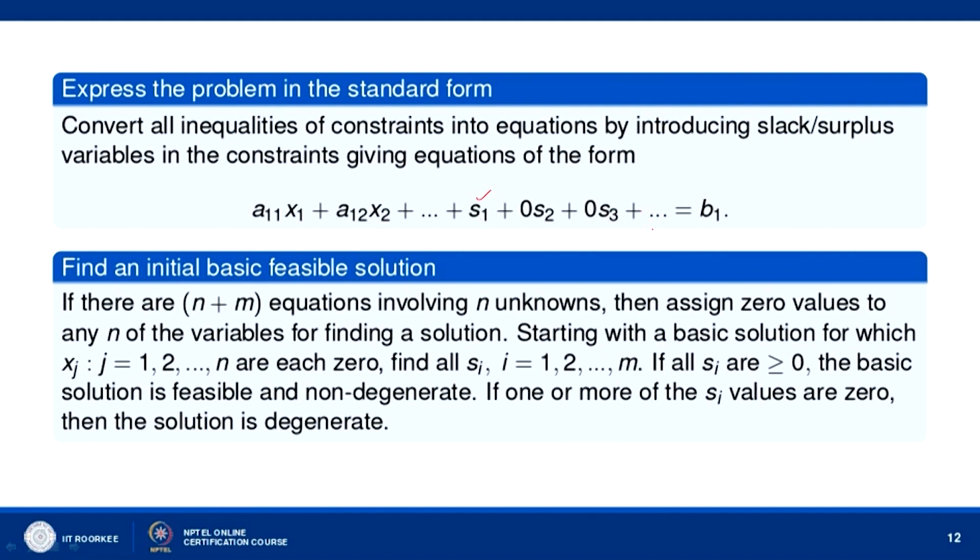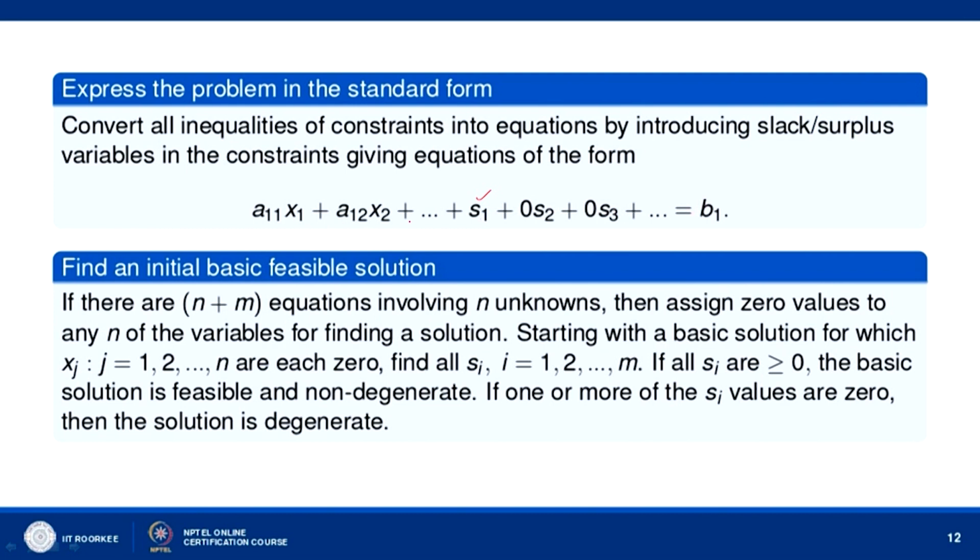Suppose there are m constants. So, 0 into Sm equal to B1. So, we will use slack variables S1, S2, S3 to convert the given constants into equations. We might have to use surplus variables also, that we will come to later. So, right now we are talking about the slack variable here.